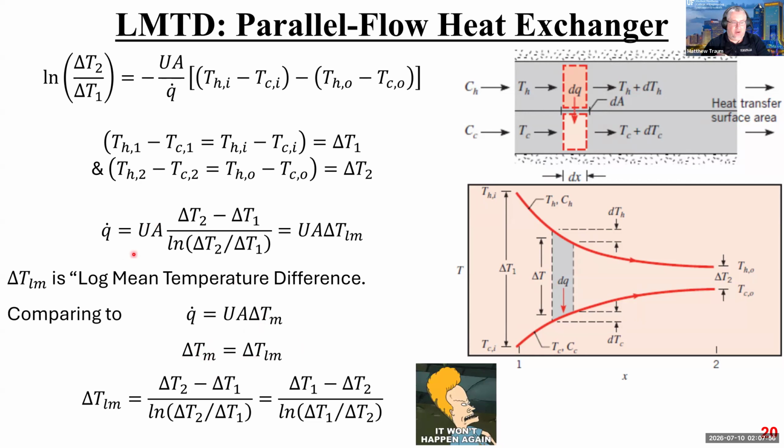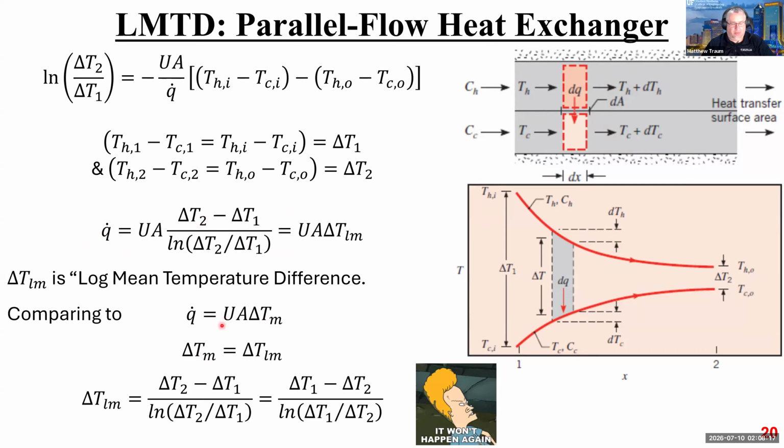And so this equation that I've given you now represents your solution approach for these types of LMTD problems. You've just got to figure out what delta T is and plug it in, and then this will pop out.